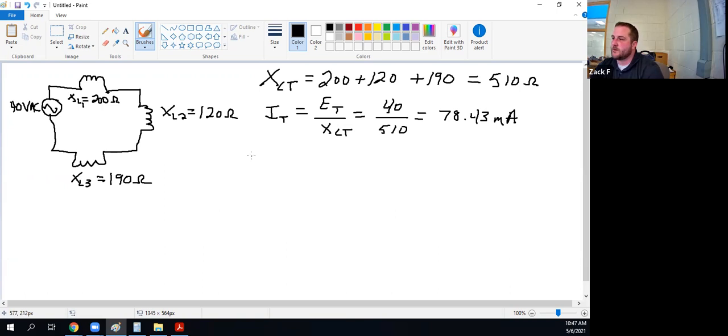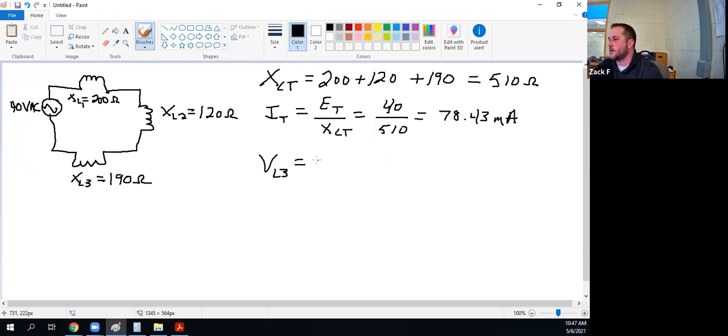And if I picked one of these inductors, like let's say the voltage across L3, inductor number 3, using Ohm's law, E equals I times R, right?